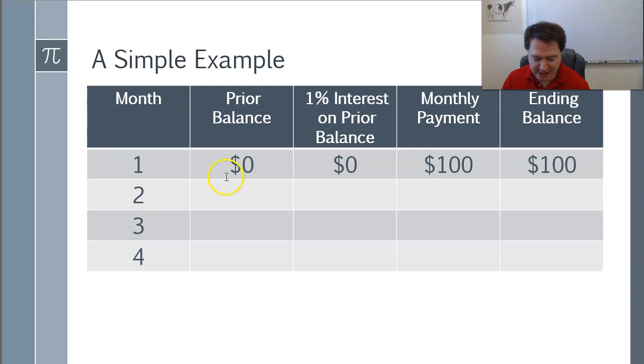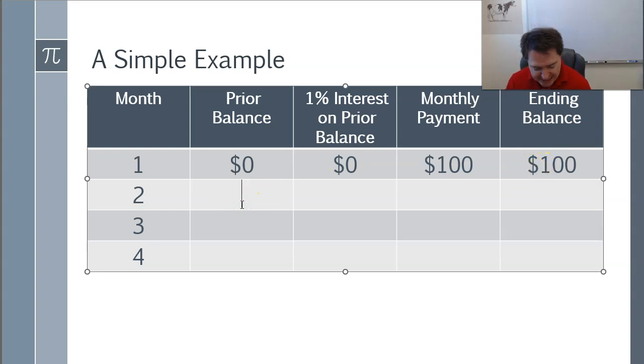Just making sure we're following how all these numbers work: in that very first month, we started off with nothing, and so of course we didn't get any interest off of that. Then we put in $100. That payment into the account will get us up to $100, and so at the beginning of month 2, we will have $100 in that account.